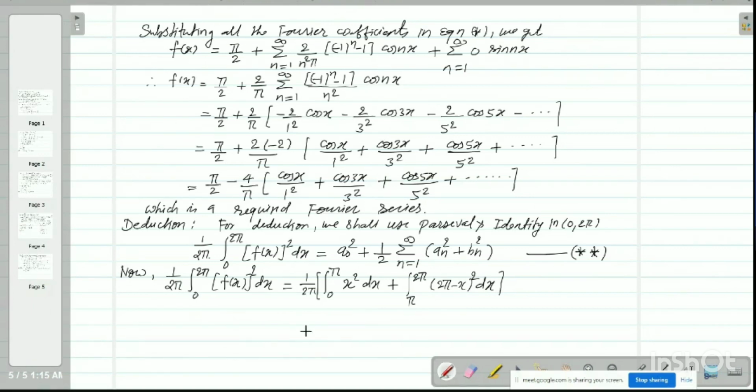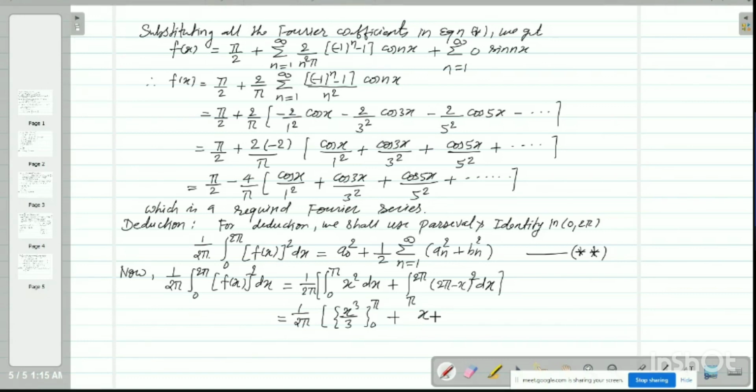Now just integrate this. So 1 upon 2 pi, integrate this: x cube by 3 from 0 to pi, and plus, how to integrate this? Let us see how to integrate.